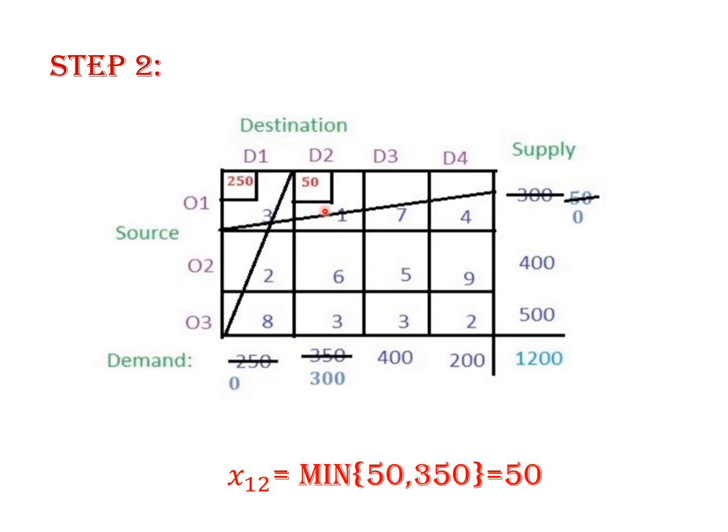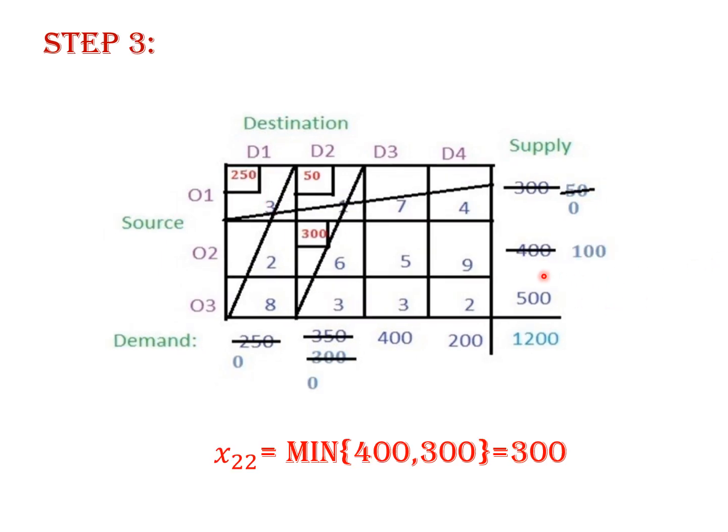We put this value in the cell x12. Subtract 50 from 350. The value is 300. The minimum element is in the row, so we cross the row.